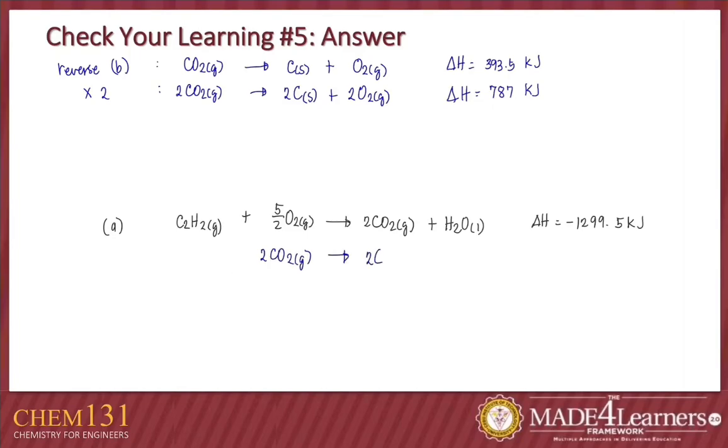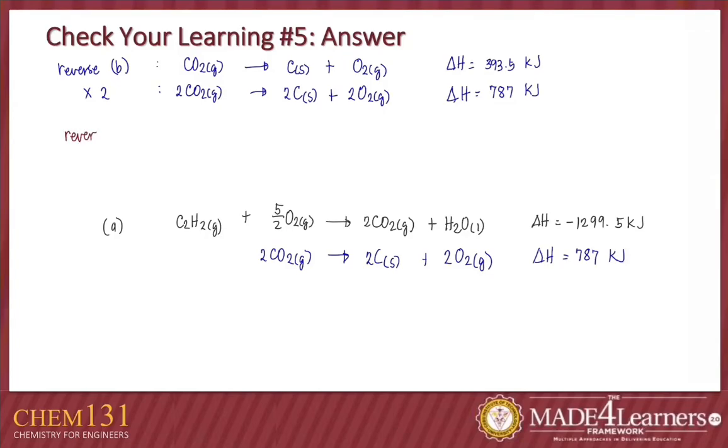That's 2 carbon plus 2 oxygen. And then delta H is equal to positive 787 kilojoules.